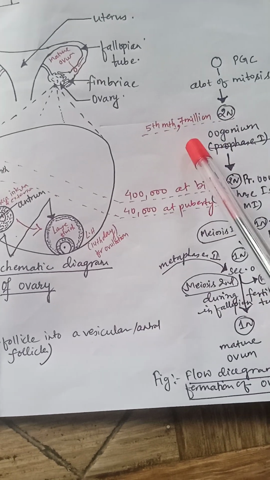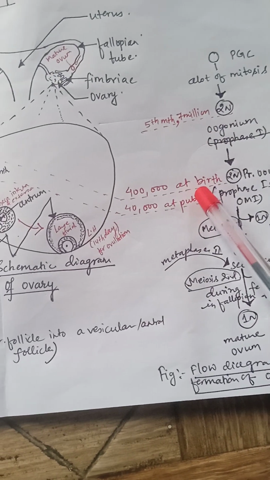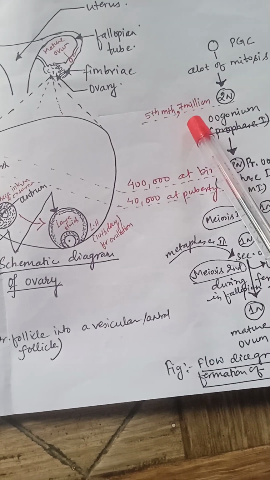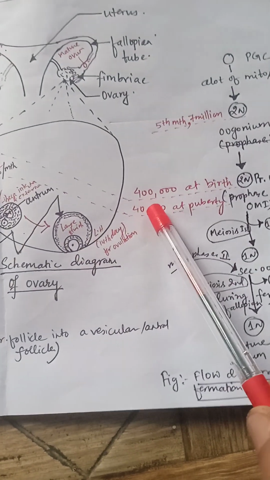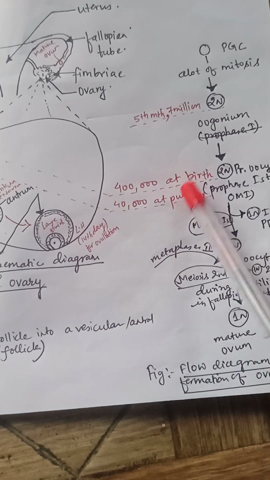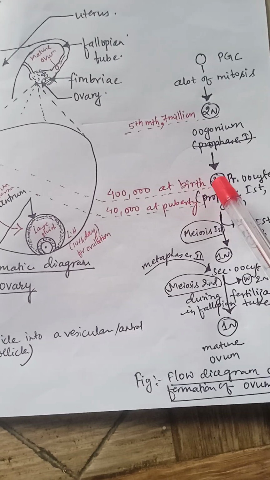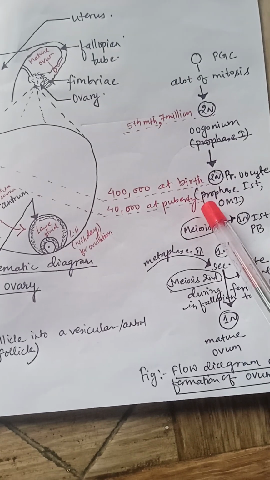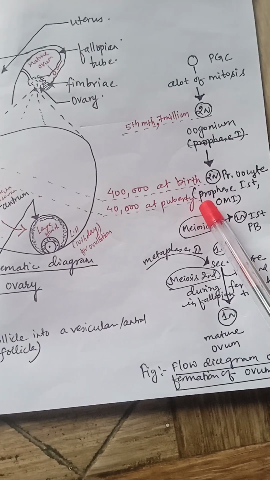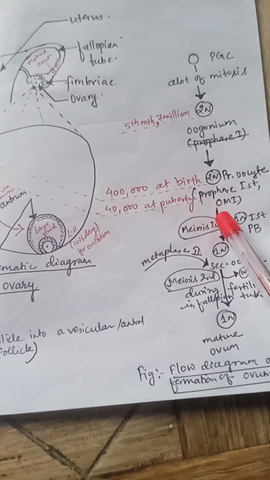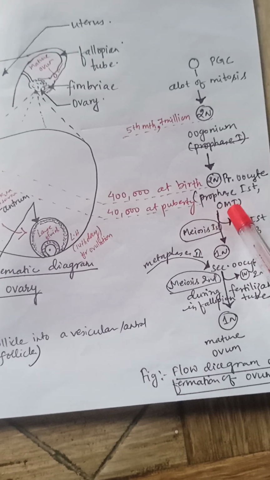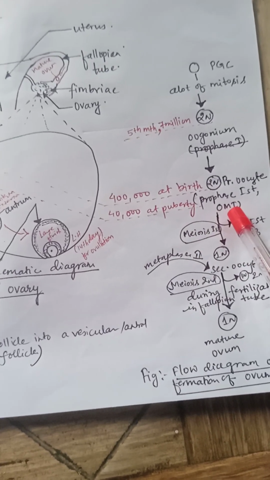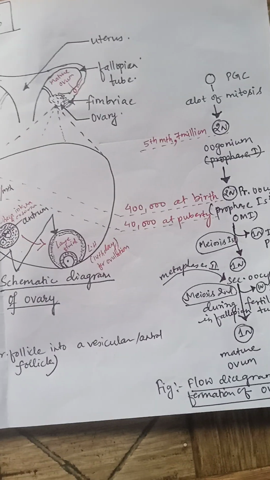Right from the 5th month, as the child takes birth, the 7 million oogonium drop down to 400,000 at birth, and now these are called primary oocytes, which are arrested in prophase I because of the secretion of a hormone called oocyte maturation inhibitor by the follicle cells.